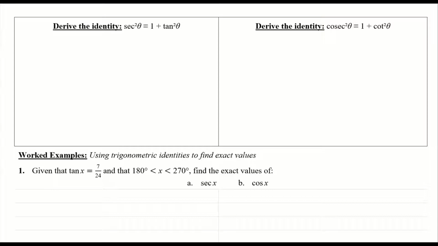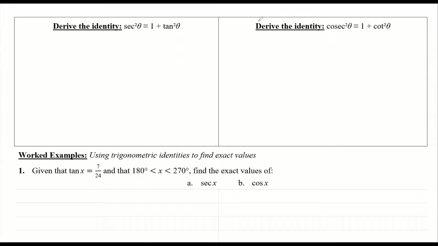So not only could you actually gain some credit from this, if you forget these identities, which are not provided for you in the formula booklet, this could be a good way to quickly sort of refresh your memory. Now, I'll just show you how to do these really quickly, and then I would recommend every now and again perhaps doing this on a flashcard and maybe just practicing sporadically while you're doing your other work, just to make sure that they stay at the forefront of your mind.